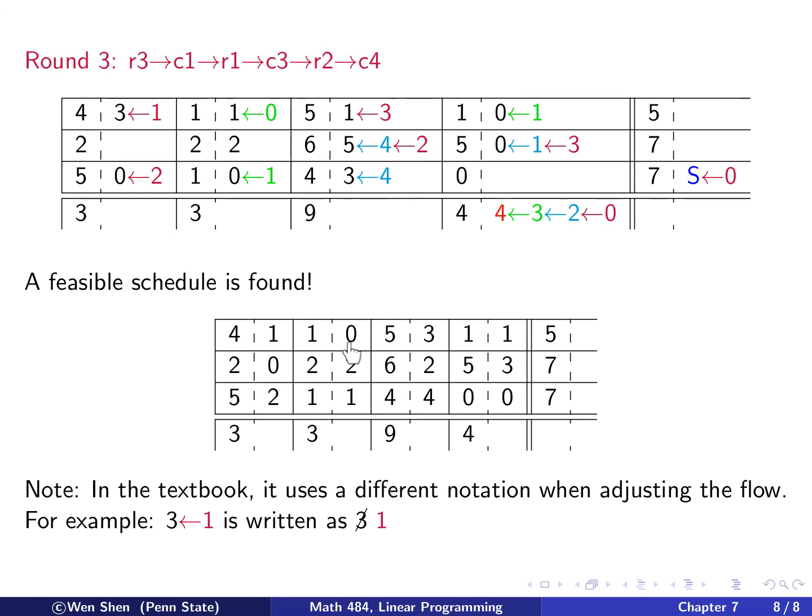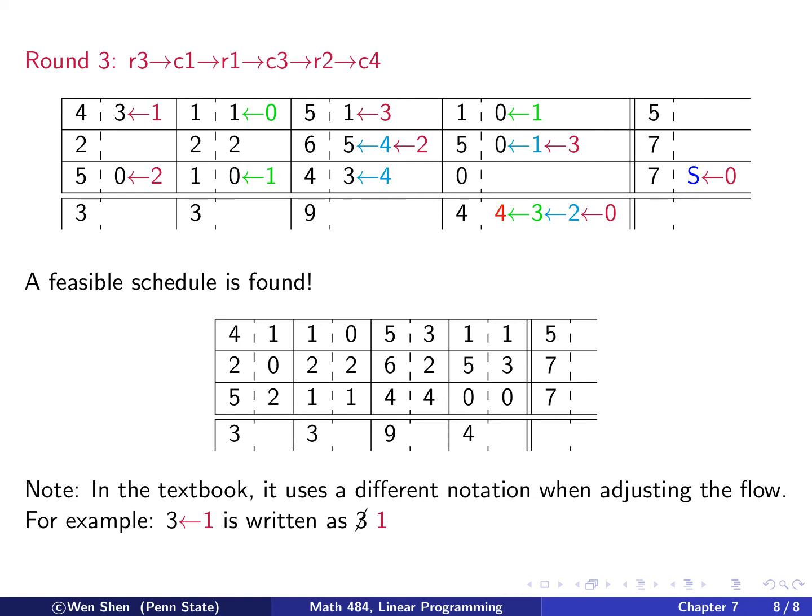1 plus 0 plus 3 plus 1 is 5. 0 plus 2 plus 2 plus 3 is 7. 2 plus 1 plus 4 plus 0 is 7. So everything is shipped out from the warehouse. And you see this number is always less than the capacity in all of these pairs shown here.